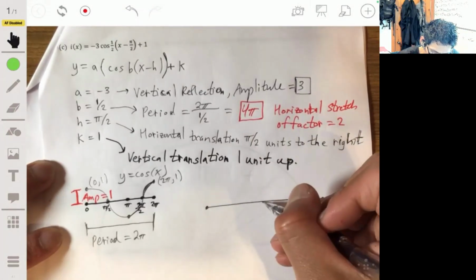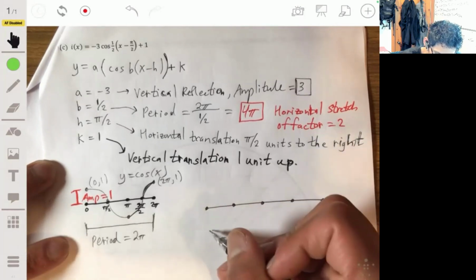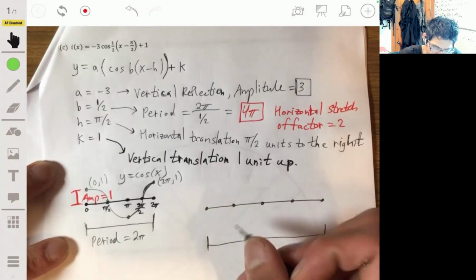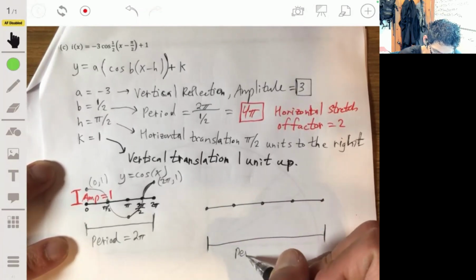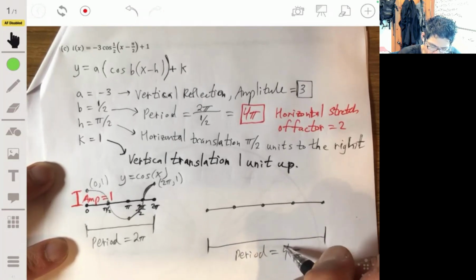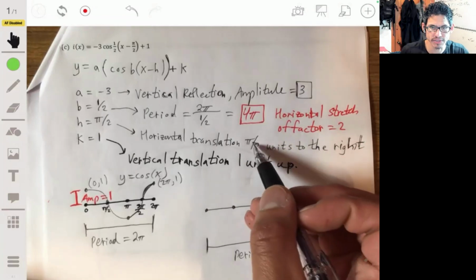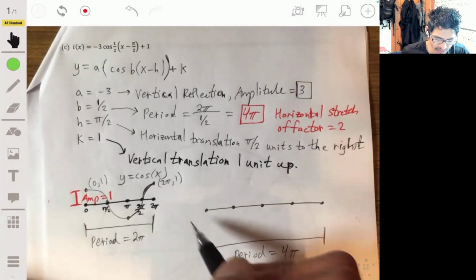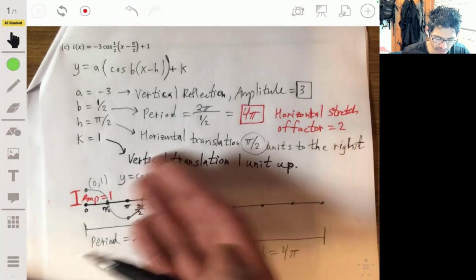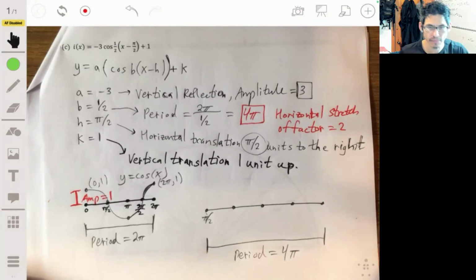We're still going to want to divide into 5 points, but the period needs to be twice as long. Period is 2 pi. I'm sorry, period is 4 pi. Now, when you have a horizontal translation, instead of starting at 0, you're just going to start at whatever this is. Move pi over 2 units to the right, so this one is going to be pi over 2.